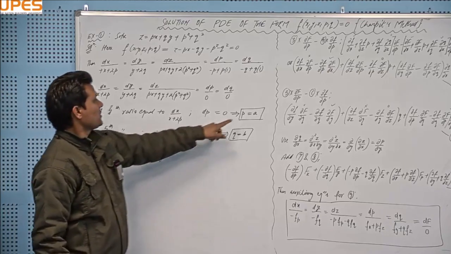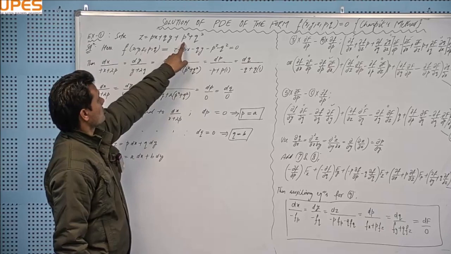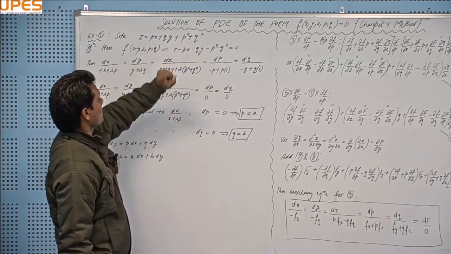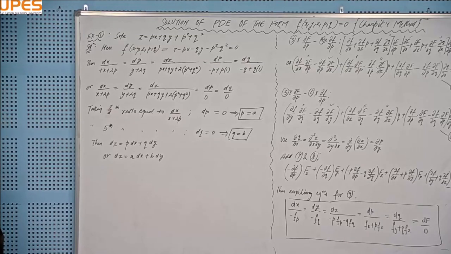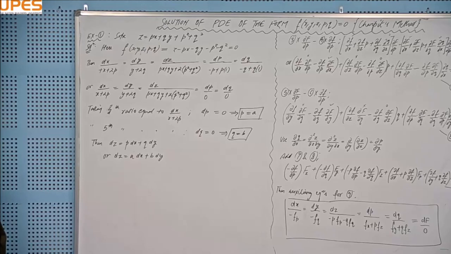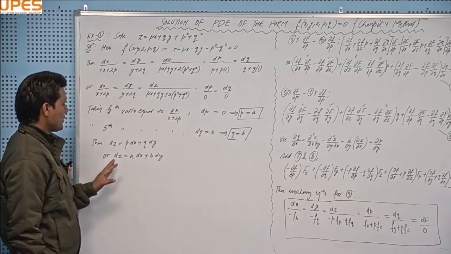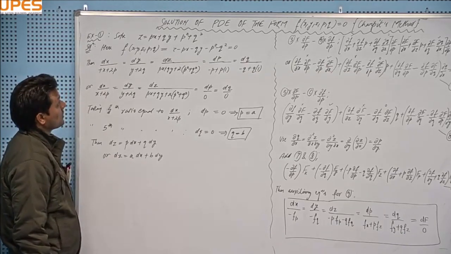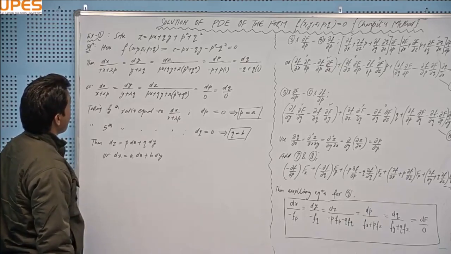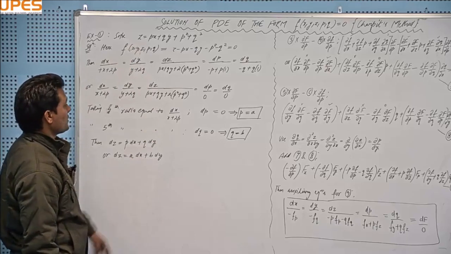One second, if I plug p equal to a here, then it will be ax plus a square, and then this will be quadratic in q, right? And what if I substitute, then dz equal to p dx, p is equal to a, yes. If I integrate it, I will get z equal to ax plus by plus some constant. Then I can compare these two equations, and that is also possible.